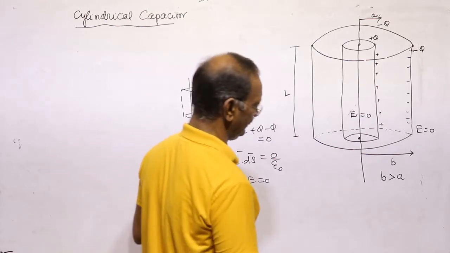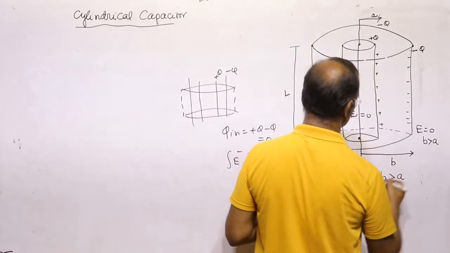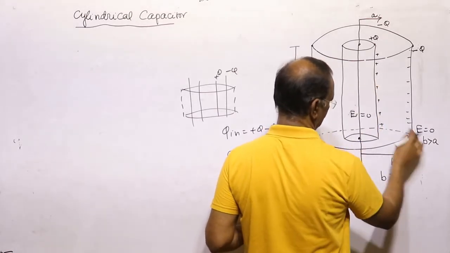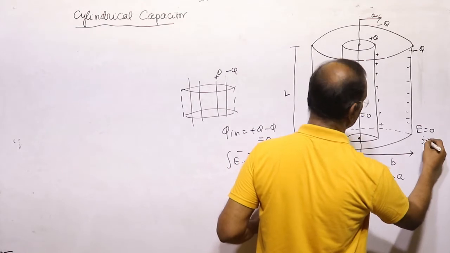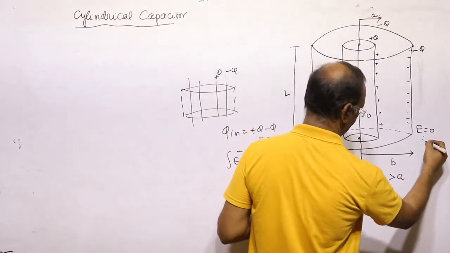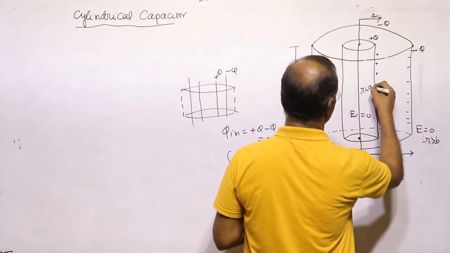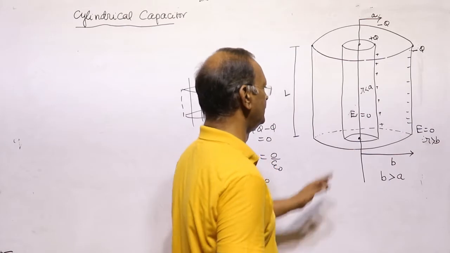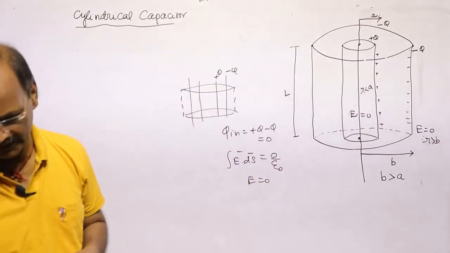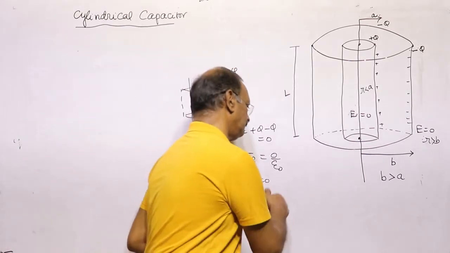The electric field is 0 for r greater than b, and for r less than a the electric field is also equal to 0. It means the electric field exists between the cylinders only.